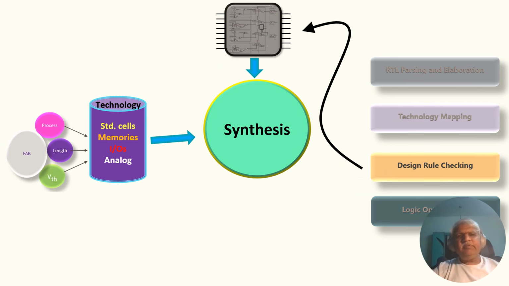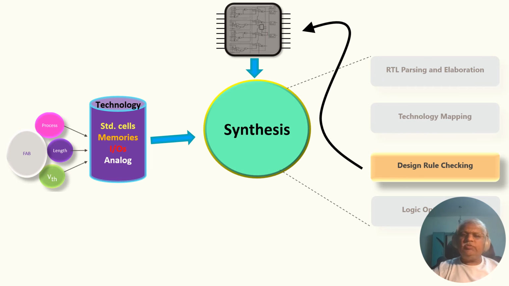At this step where design rule checking is about to be performed, we assume that the RTL parsing and the elaboration step has been completed. Hence, the RTL has been converted into general gates. Since technology mapping has also been completed, now the design has been mapped to the respective standard cells, with different possibilities with respect to the specific technology targeted.